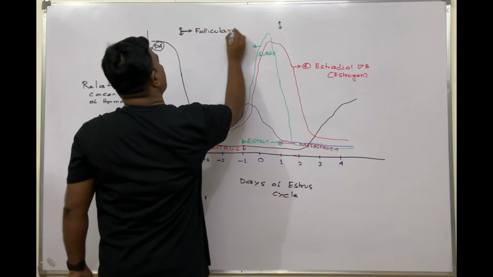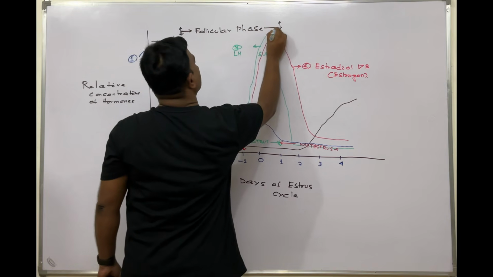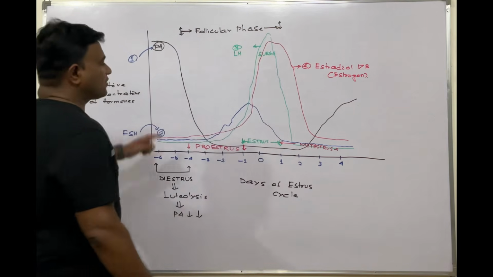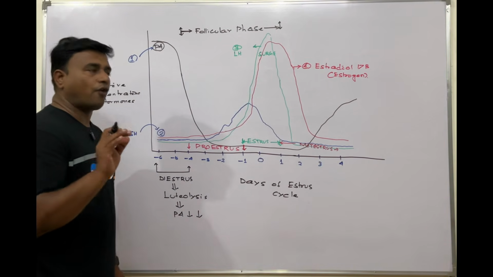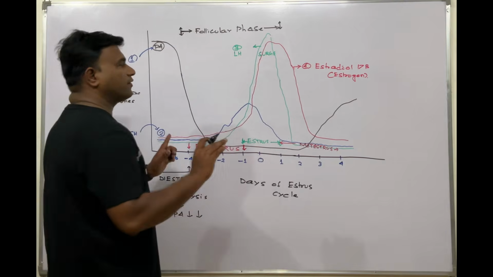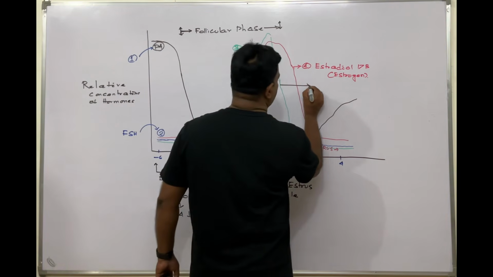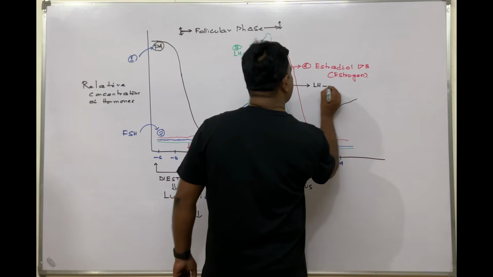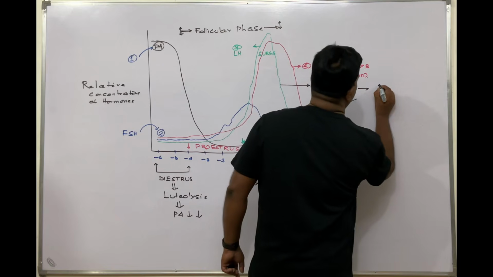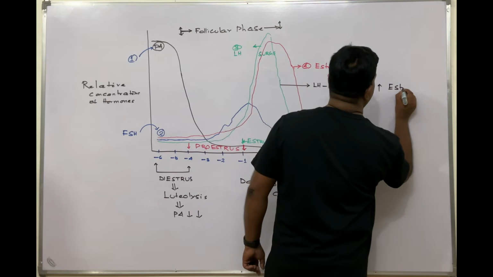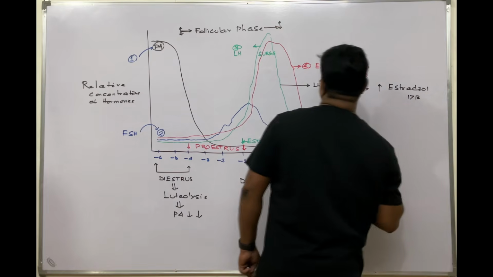The follicular phase, where the follicular wave cycle has begun, and once this will begin, we'll definitely get a dominant follicle if everything remains okay. This LH surge, what you are seeing, this LH surge is due to high concentration of estrogen. We should remember, because a dominant follicle is going to form.